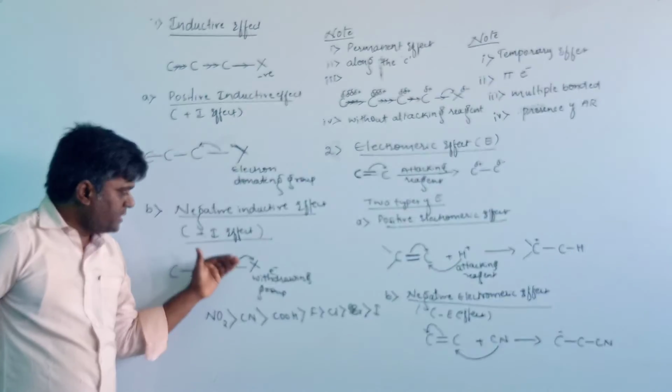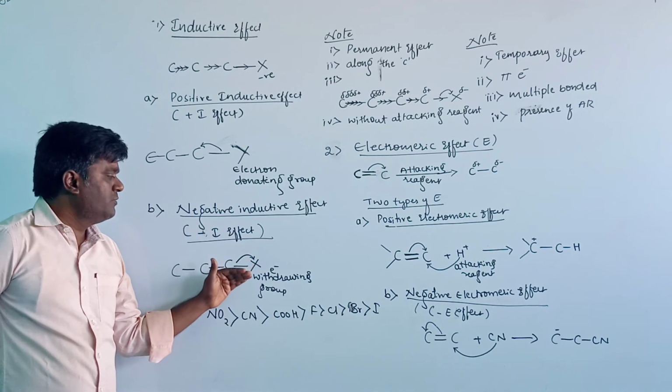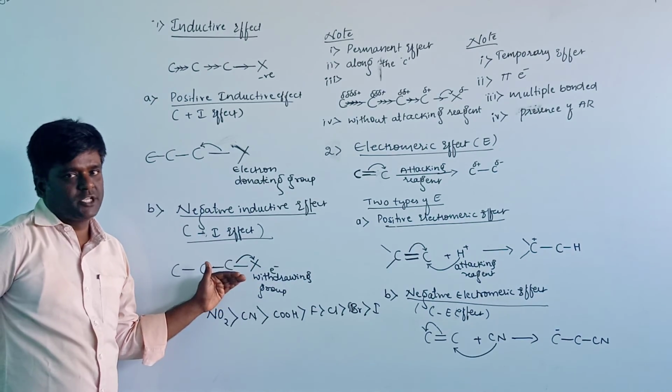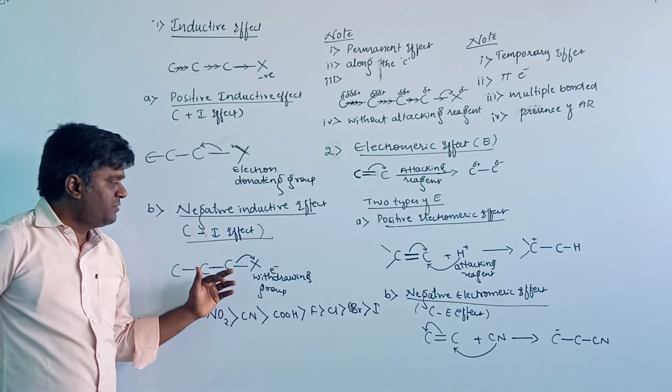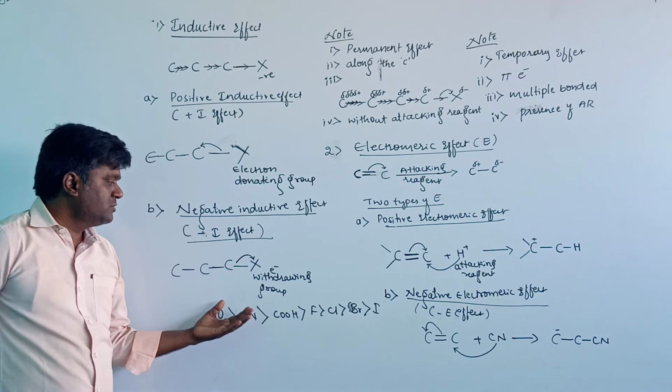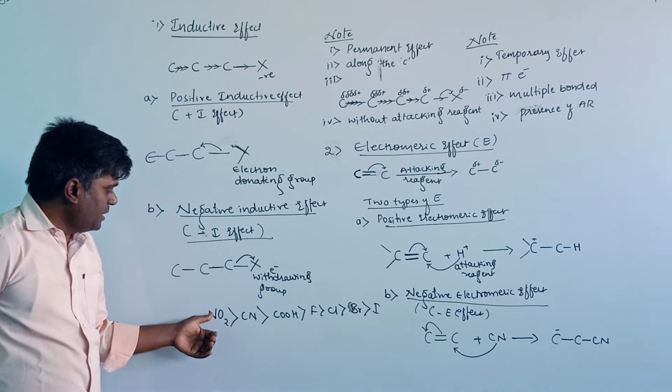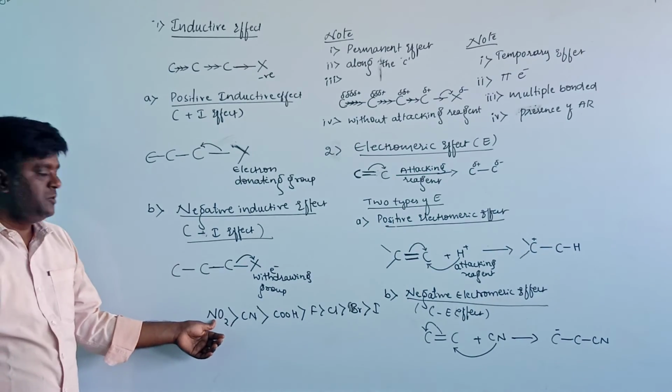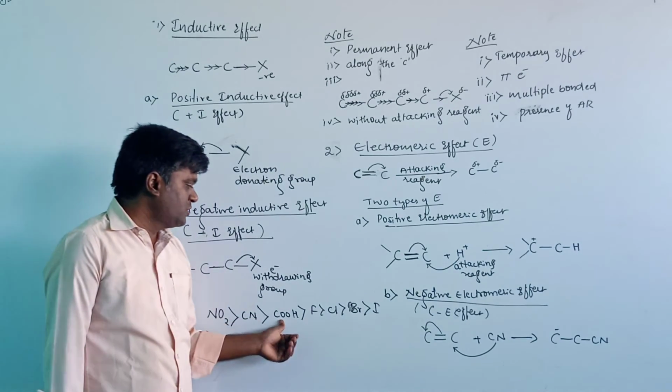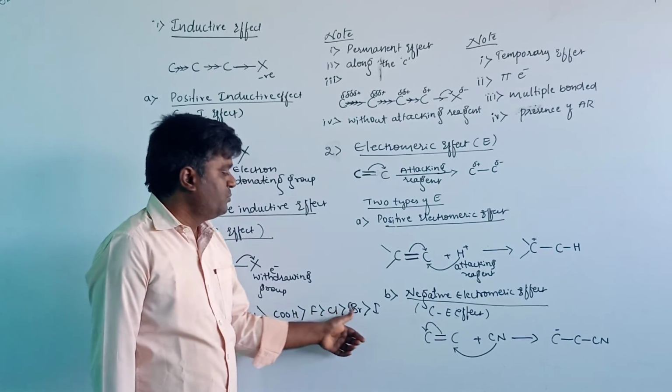This effect can be seen when an electron withdrawing group is attached to the carbon chain. NO2 is more electronegative compared to cyanide, carboxylic acid, fluorine, chlorine, bromine and iodine.